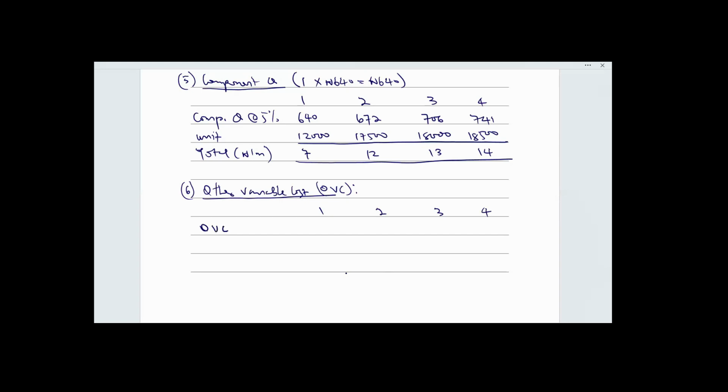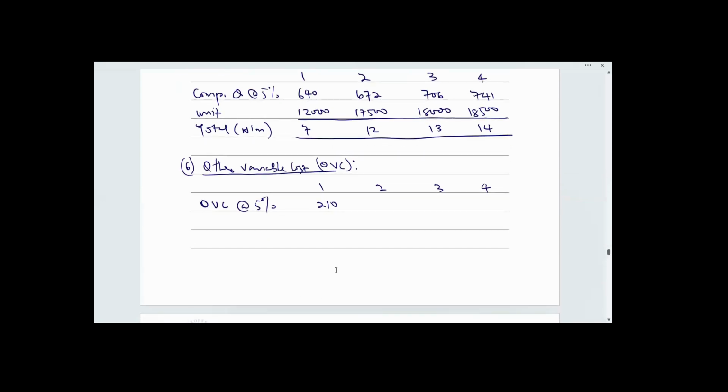Other variable costs at 5%. 210 for the first year. So 1.05 multiplied by 210: 221.